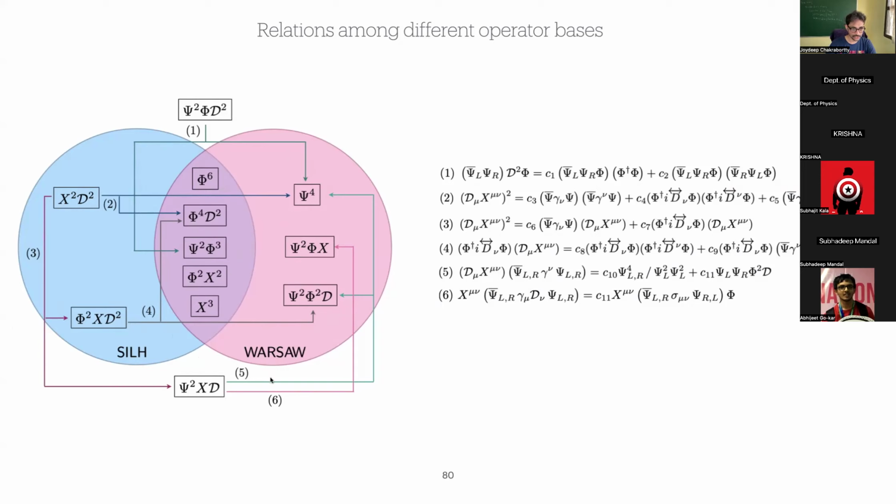It's not a one-to-one correspondence. One operator has a contribution to multiple operators, and that operator can further bifurcate and contribute to some other operators. How are these relations controlled? They are related to the equation of motion and integration by parts kind of relations. This is just to give you an idea of why these different bases are important and how one can connect to another one.